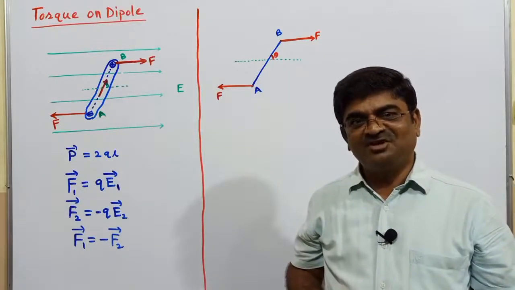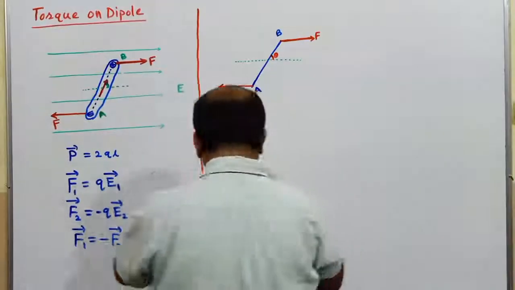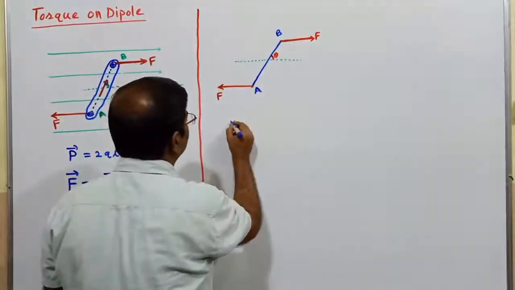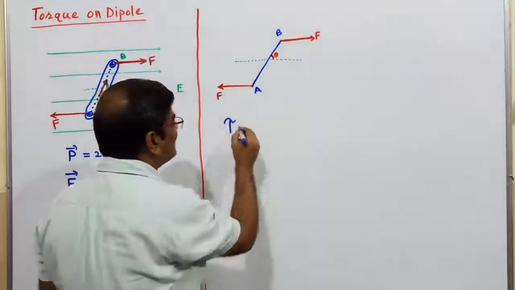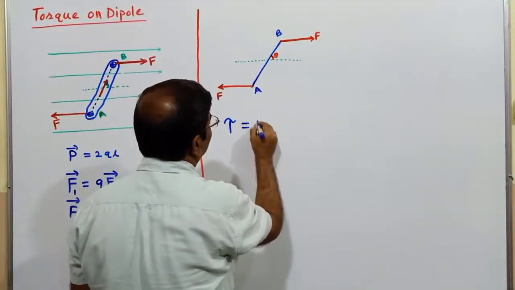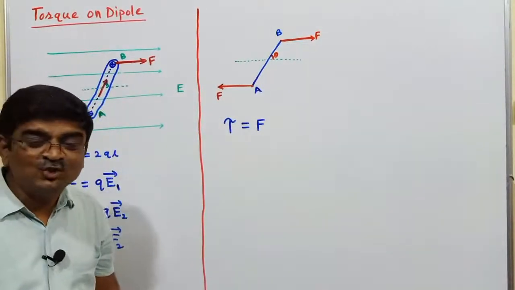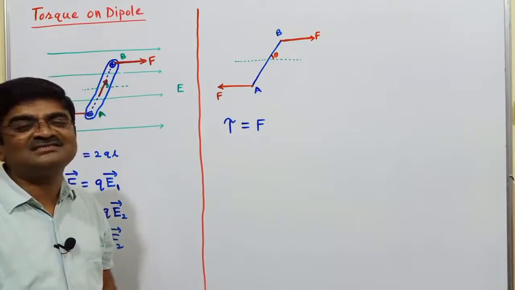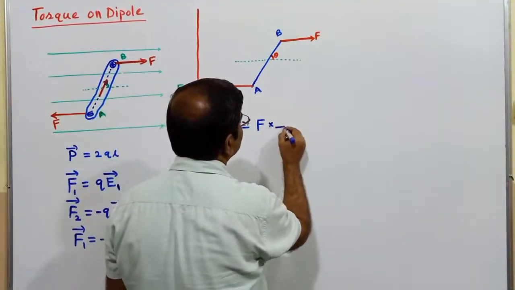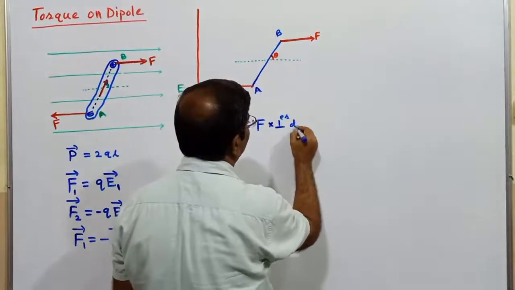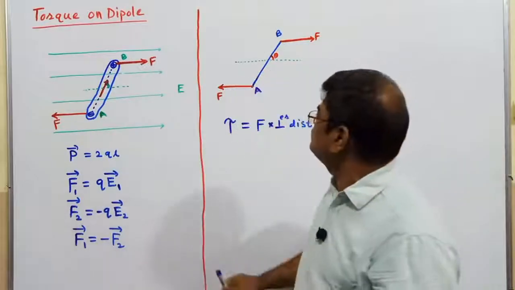Hope you still remember rotational dynamics. How do you calculate torque on any body? Torque on a body, represented as tau, is calculated as the magnitude of any one force, into the perpendicular distance between the lines of action of the two forces.